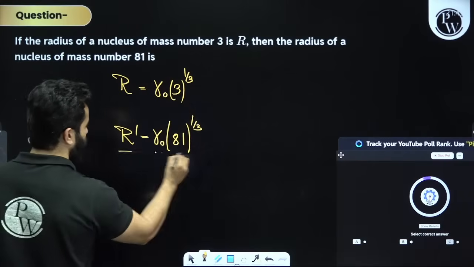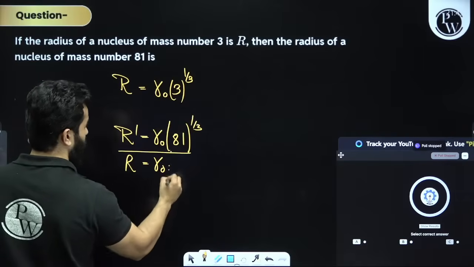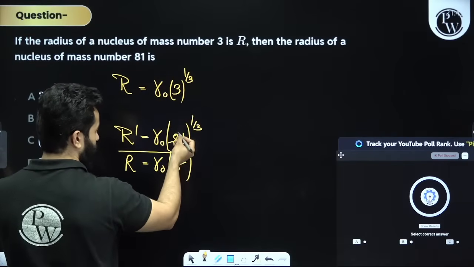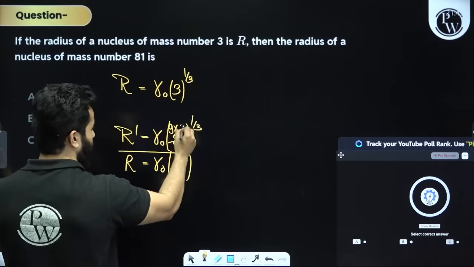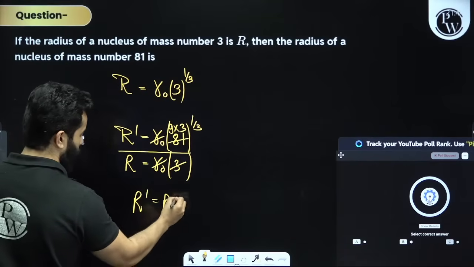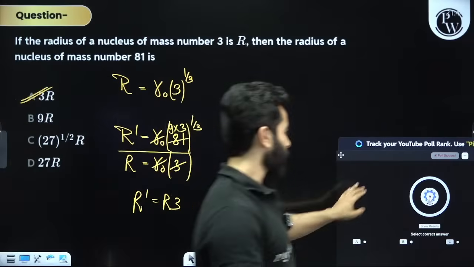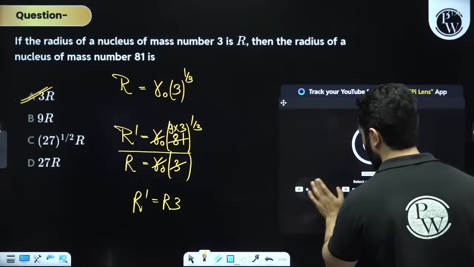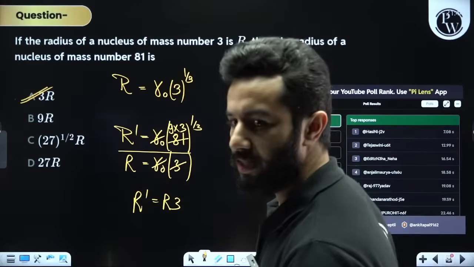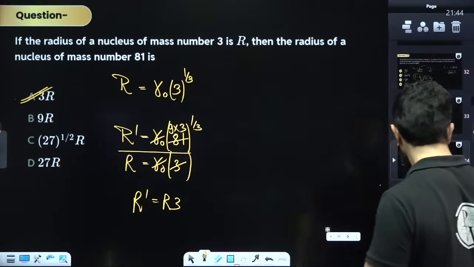Let's take the ratio. This is R, this is r naught times 3, so this becomes 3 times R. So 3R is the correct answer, option A. Clear? Done. Sorted, my dear friends. Moving on to the next one.